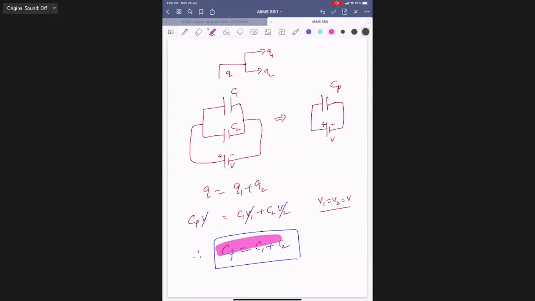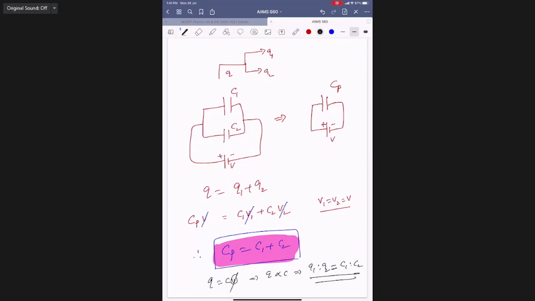So in parallel combination, what happens to effective capacity? It increases. In series combination? Decreases. And Q equal to CV: as V is constant, Q is proportional to C. This implies Q1 and Q2 are simply in the ratio of their capacitances.